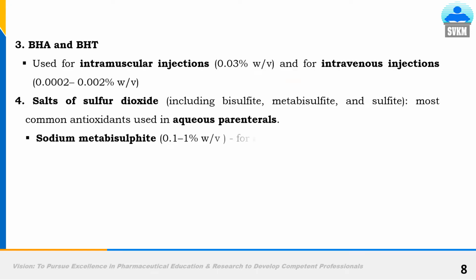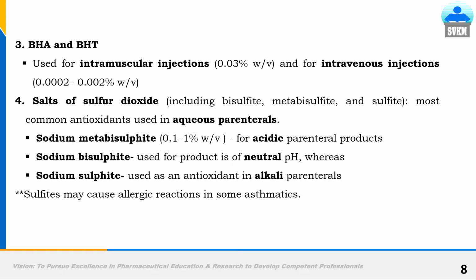Other examples of antioxidants are BHA and BHT, which are utilized for intramuscular injections in 0.03% weight by volume concentration and for intravenous injections in 0.002% weight by volume concentration. Then salts of sulfur dioxide, which include bisulfites, metabisulfites and sulfites, are commonly used as antioxidants in aqueous parenterals.